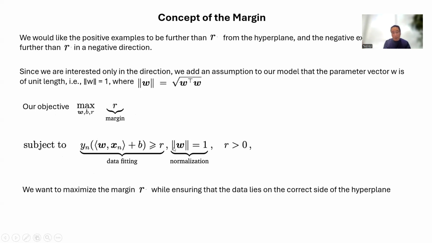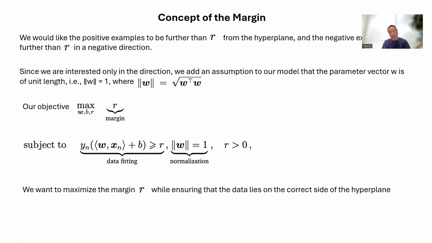And we assume that our w vector is unit length. And then r is a positive number. We're just saying we're going to represent it that way. You could use negative, but it's just much more intuitive to use positive numbers. So this is a formal way of saying how far the nearest point is from our separating hyperplane.